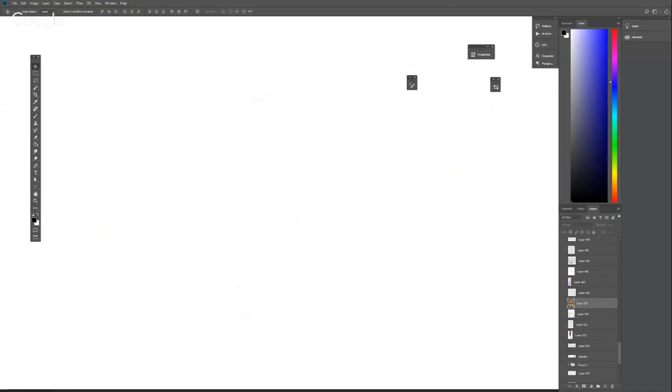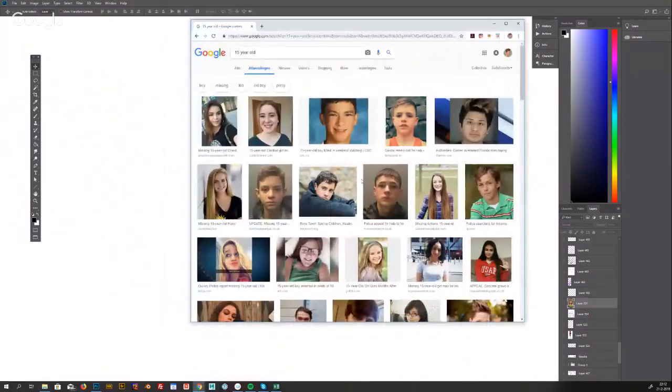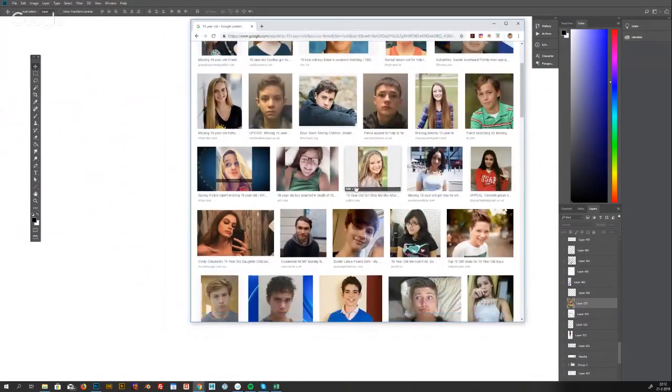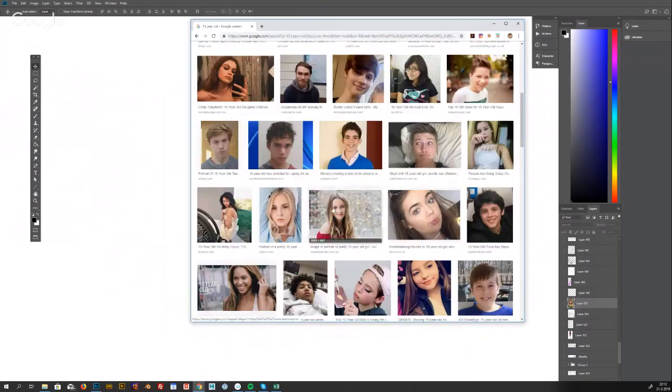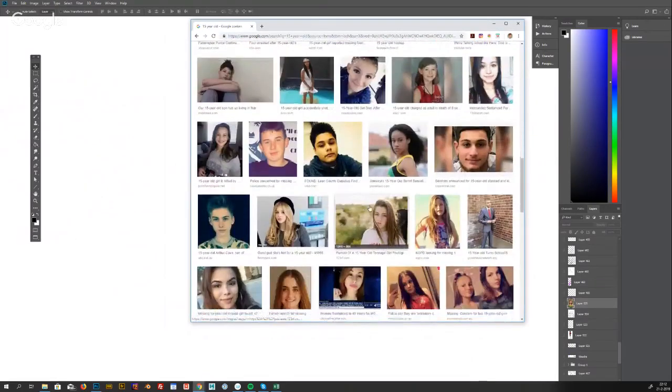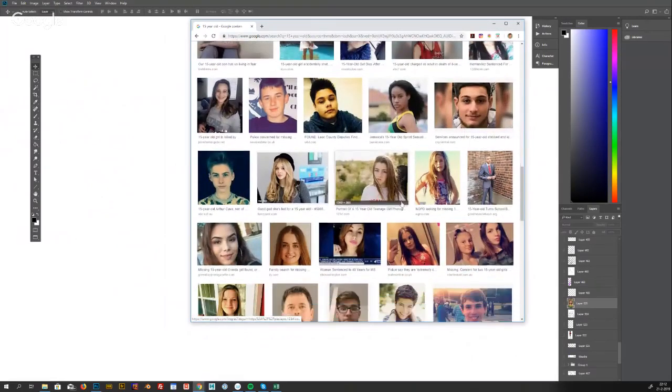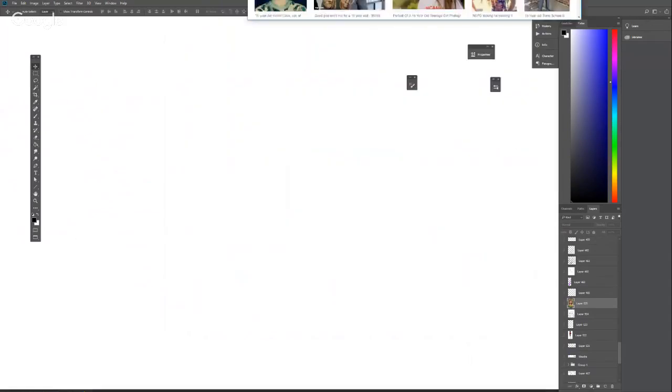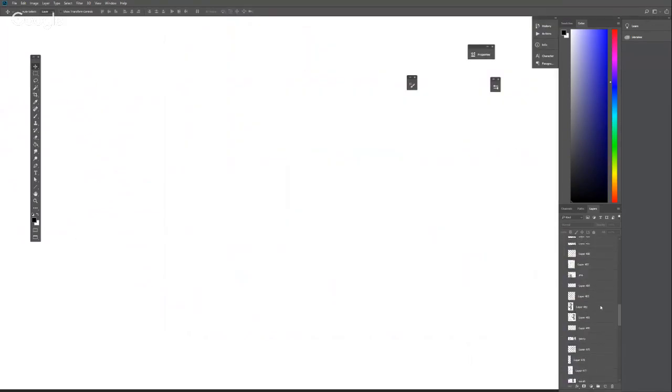It would indeed be best to look at 15-year-olds, then just Google and look at how to do 15-year-olds. I think it's way better to use a lot of Google to get that.